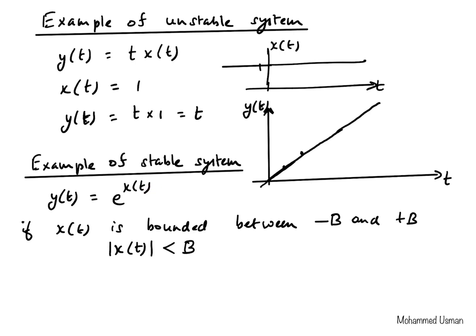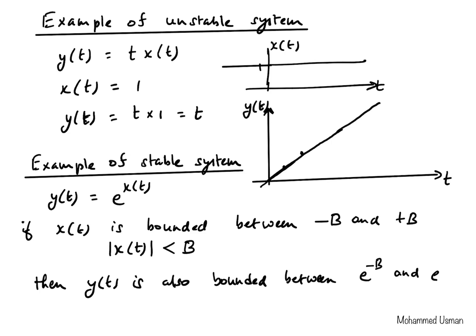So in this case, what we see is that y of t is also bounded, but the limits of the bound are between e power minus b and e power plus b.